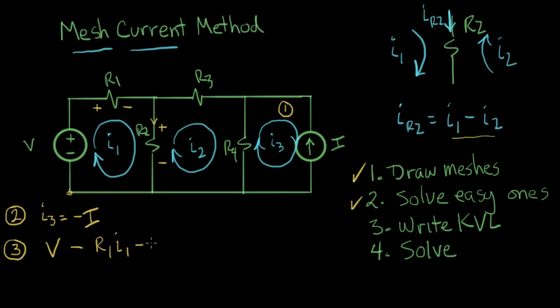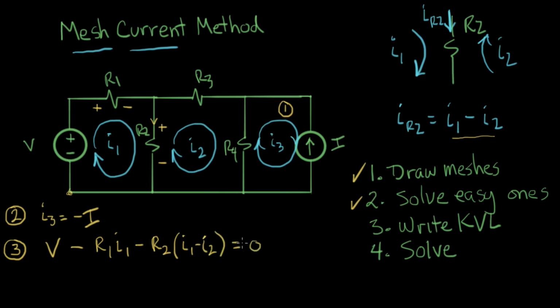So it's going to have a value of R2 times this value here, I1 minus I2. And now we've made it all the way back to home, to where we started from. And so that's our KVL equation, which we set equal to 0.